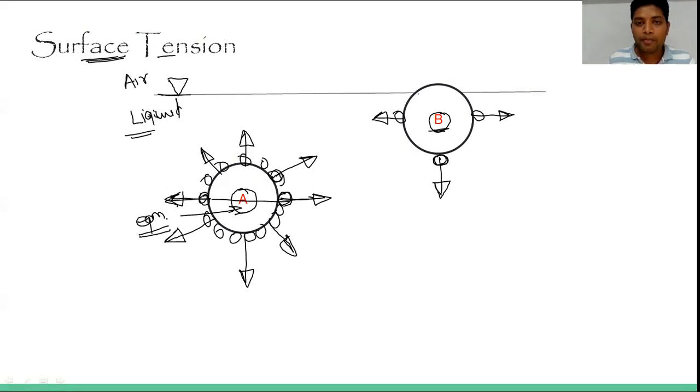Now the concept is coming over here, whatever the shape is. If you try to assume a bubble, this is basically the bubble. If you see this surface at the interface, it will be like this. This is basically the surface.